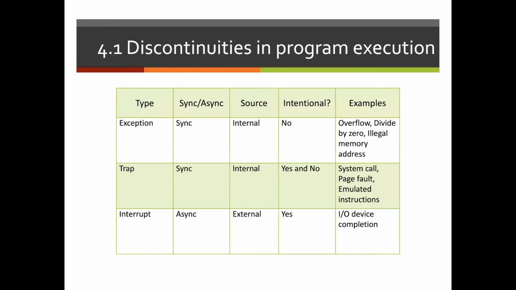And so how can we break down the components associated with each type of exception, trap, and interrupt? We want to keep in mind that an exception is a synchronous event. The source is internal, and it's not intended to be intentional.